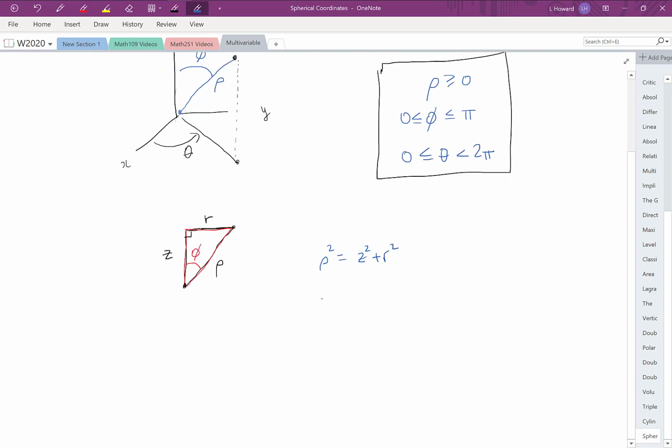We could say z is going to be rho cos phi, and r is going to be rho sine phi. That's just like saying rho is on the hypotenuse, we've got this angle phi here, and we're going to look at the vertical and horizontal sides of that triangle.